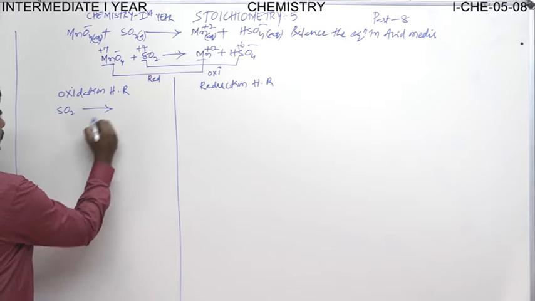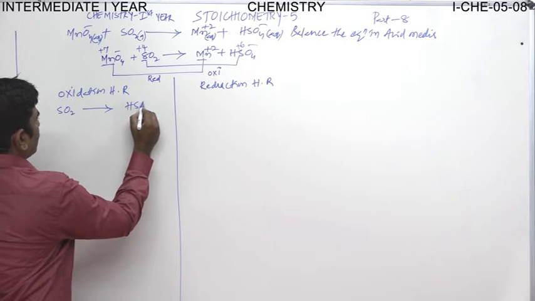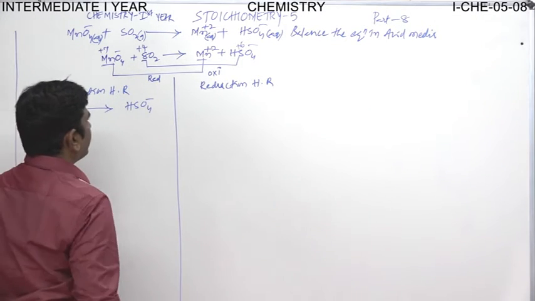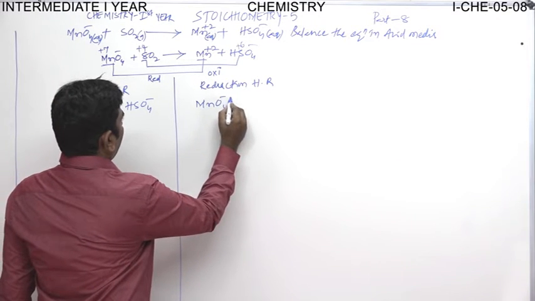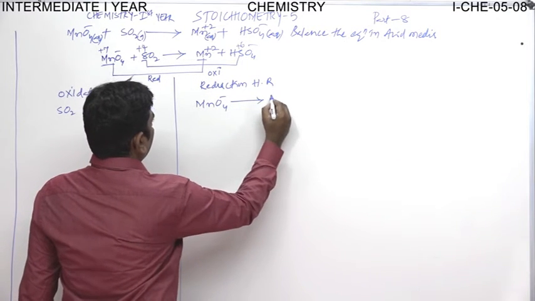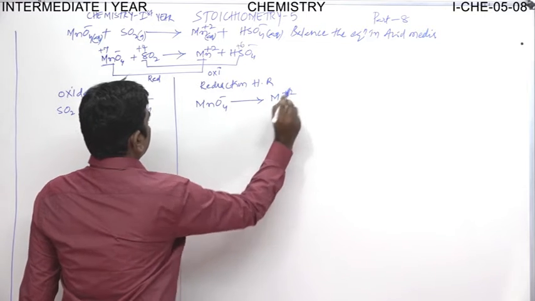SO2 will give HSO4 minus. In the case of reduction, MnO4 minus will give Mn plus 2.